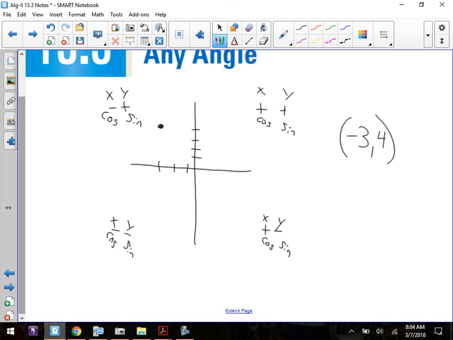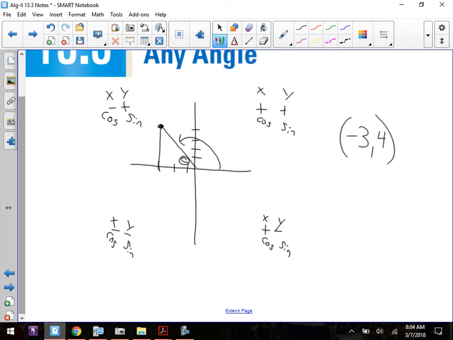Now, what this means is that there is an angle whose terminal side lies at the point -3 and 4. You okay with that? That means that this value has a reference angle that's placed right above the x-axis. You all right with that?